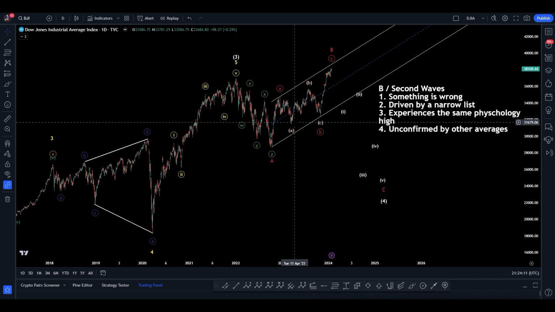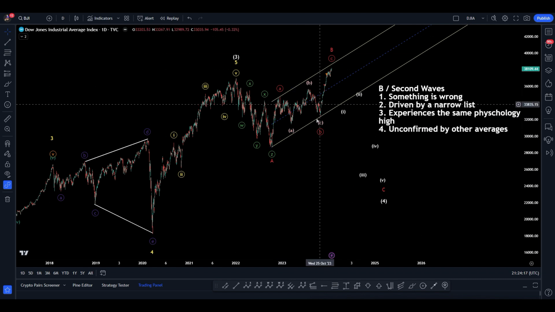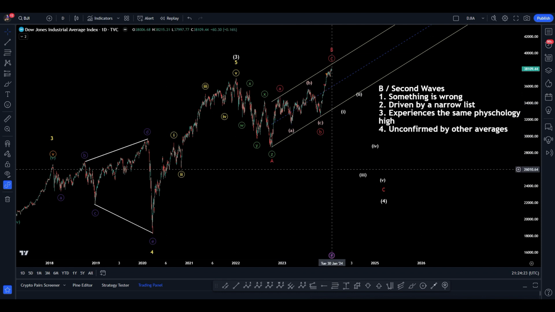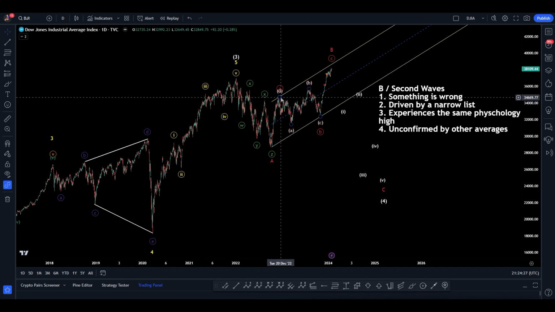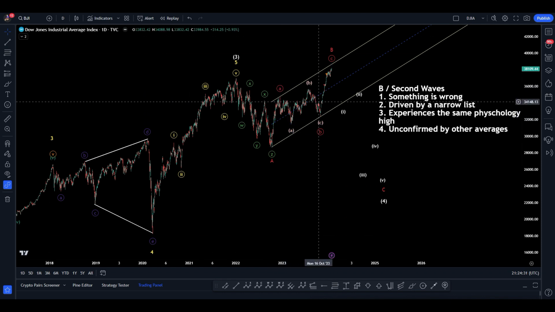Okay, that coupled with the fact that this middle wave here that I have labeled as a sub B wave of this B wave is not 5 waves. It cannot be, and there's no way to make it 5 waves. Okay, meaning that all of this is one thing. All of this middle section is one piece to the puzzle.